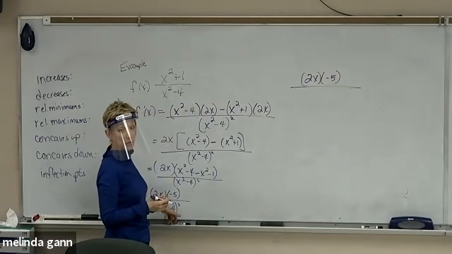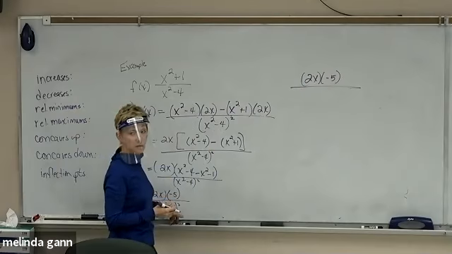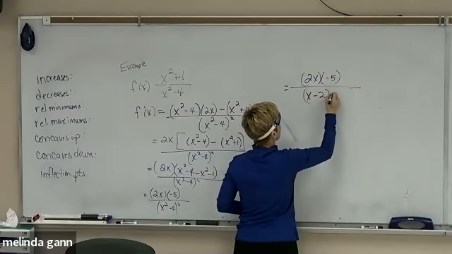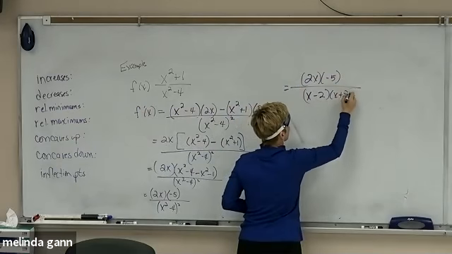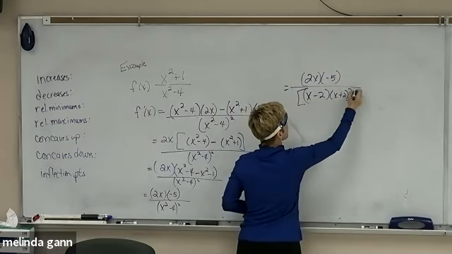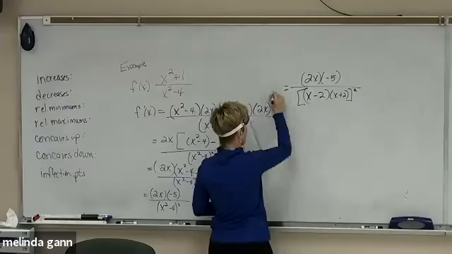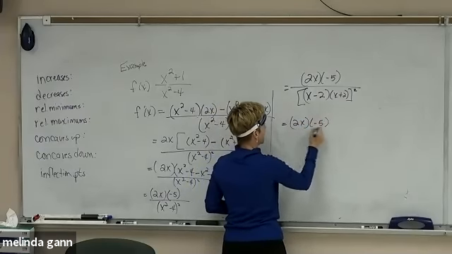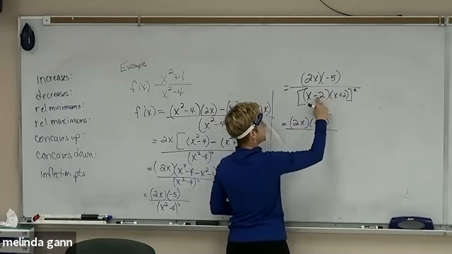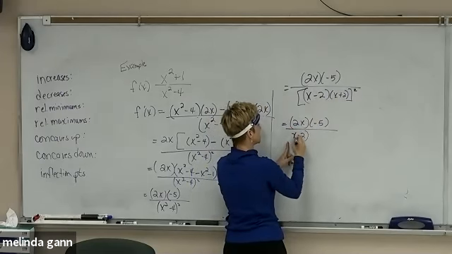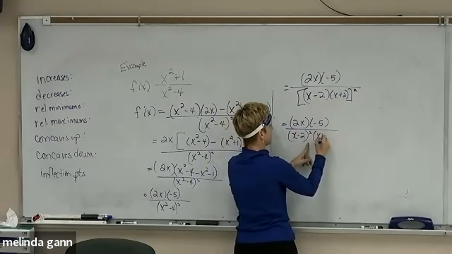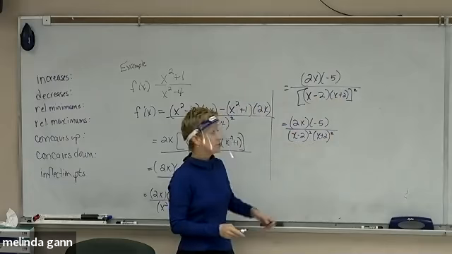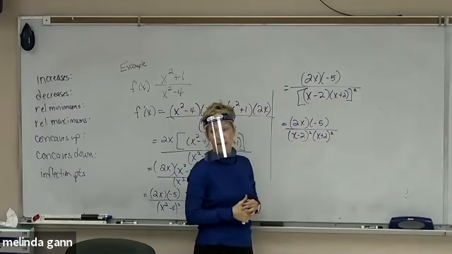So it's x minus what? 2 and x plus 2. But that whole thing is what? Squared. So I've got a 2x. I've got a negative 5. That squared goes with both of these. So I've got x minus 2 squared, and I've got x plus 2 squared. Now it's fully factored. So this is what I'm going to make the split point table for.